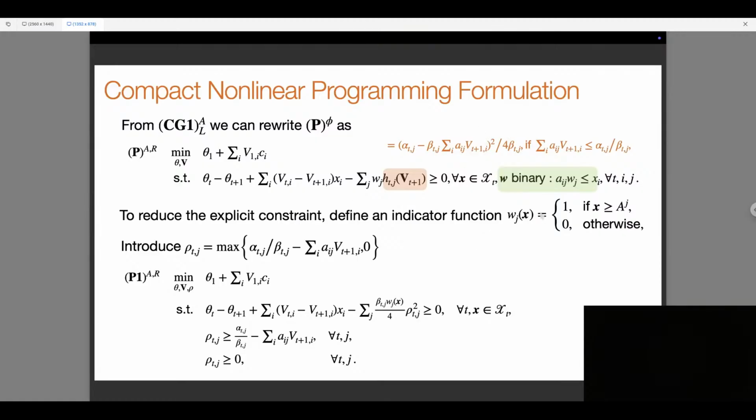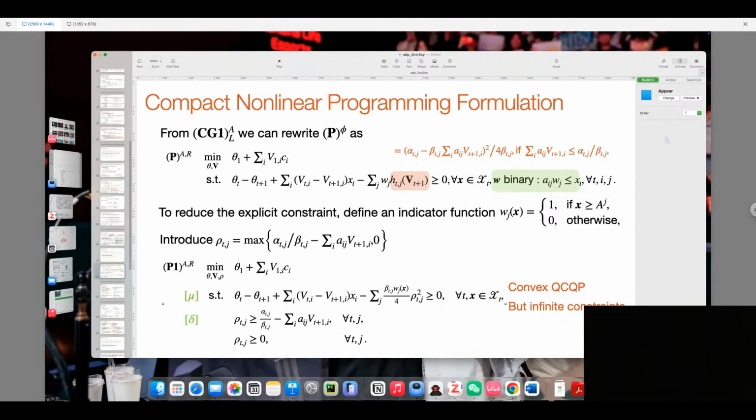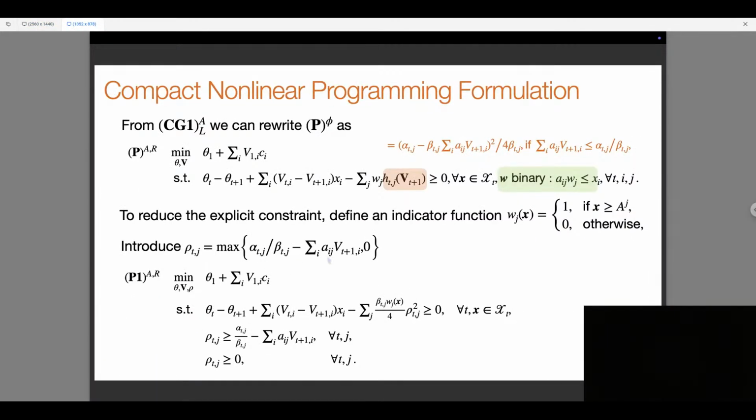So the original PAR can be rewritten. By adding these two newly introduced notations, we can write a new problem formulation P1AR in this form.